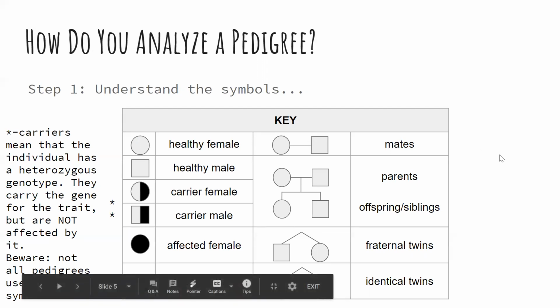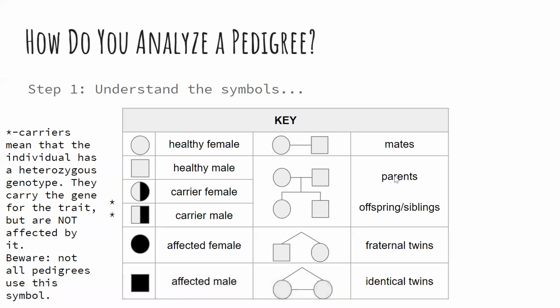The main thing I want you to remember is that parents of offspring have that branched line in the middle, and they section off to show their offspring. If they're connected by this branched line, that means they're siblings.